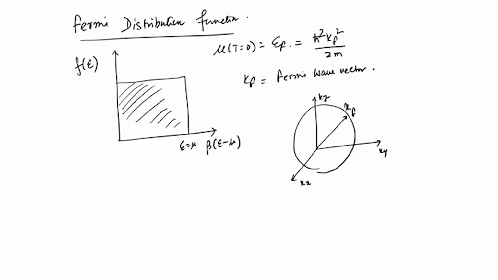Now, when you go to finite temperature, let us just talk about plotting it versus epsilon minus mu. When you do it at finite temperature, this gets modified just a little bit, and some spectral weight from here moves to this region that appears here.